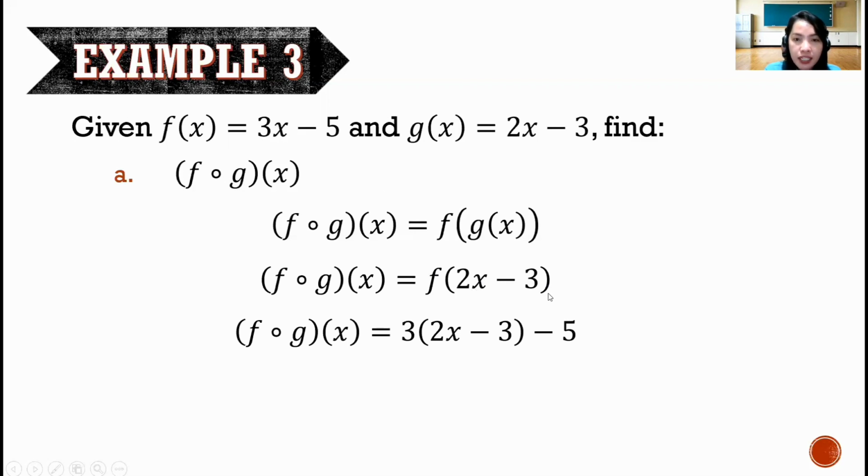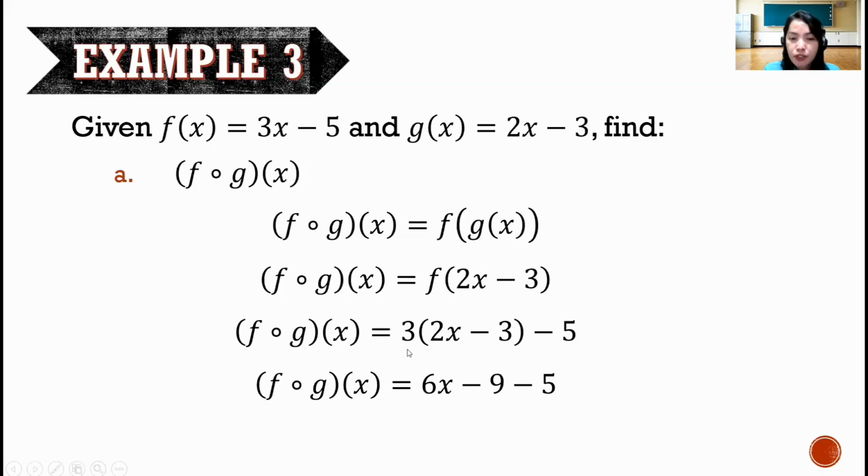Ang value ng x dito, in this case, ay ang value ng g of x, which is 2x minus 3. So, instead of writing 3 and then x, ang isusulat mo na ay yung value ng g of x na nasa loob ng parenthesis. Yan daw yung value ng x sa function na f. So, that is 3 times the quantity, 2x minus 3 minus 5.